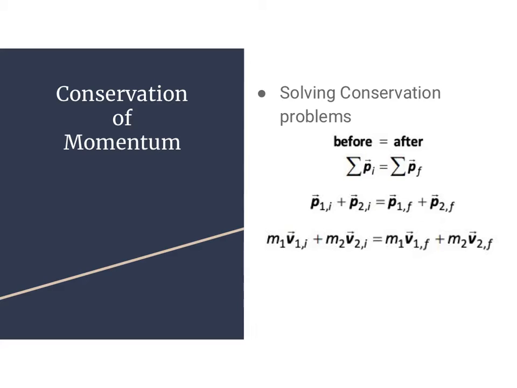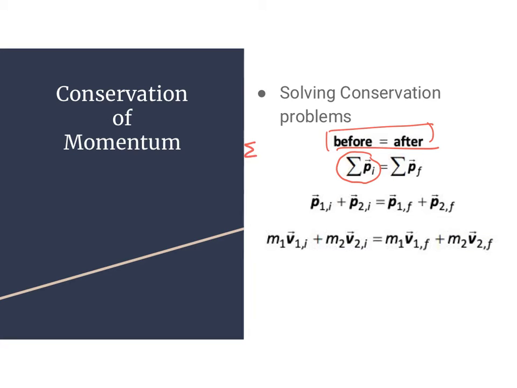So, anytime we have a closed system where we identify the momentum being conserved before and after our collision, we can say then that the before and after are the same, which is what we're saying here. But the before and after what? Well, the before and after momentum. So all this fancy looking math means is that the sum of all the initial momenta, which is this piece here.